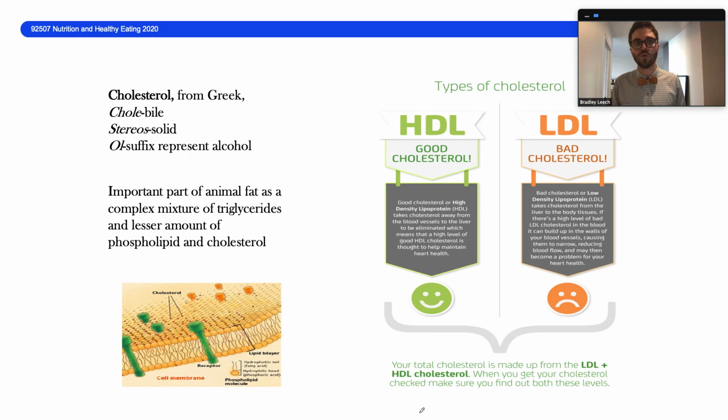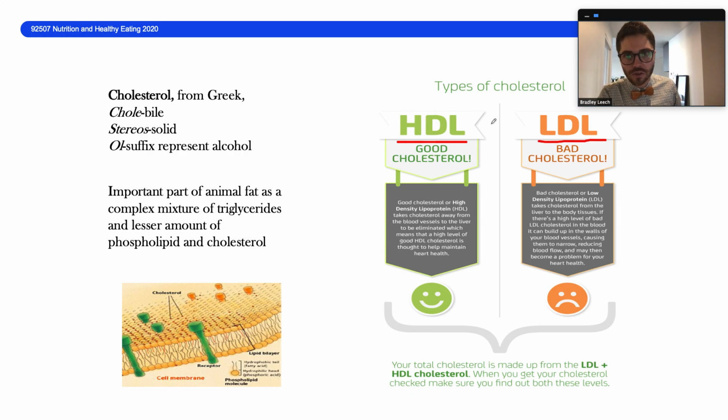Cholesterol. Oh, this is a good topic. Now, the two greatest factors affecting cholesterol are exercise and sugar. I'll allude to this in a moment. So a bit of background. You've got two types of cholesterol, your HDL cholesterol and your LDL cholesterol.